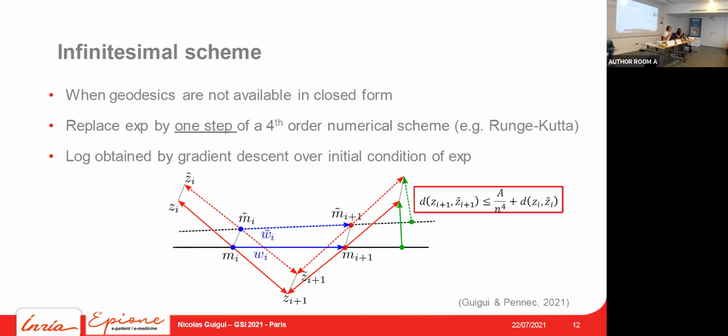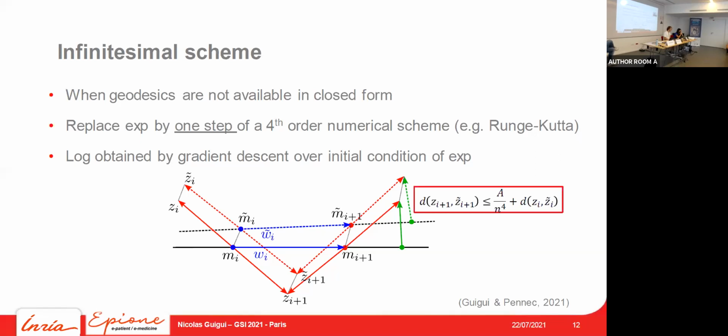However, in this case, we don't have the geodesics in closed form. So the computations are slightly more complicated than in Kendall shape spaces, where the exponential was computed with cosines and sines. In this case, we also use an integration scheme to compute the geodesics.